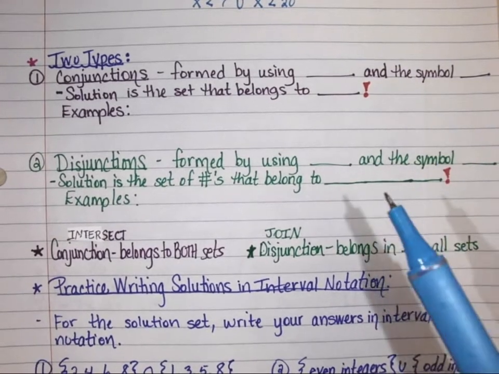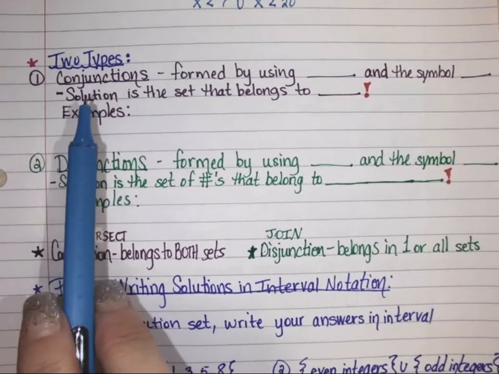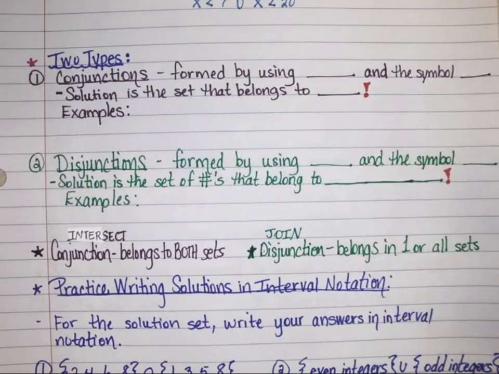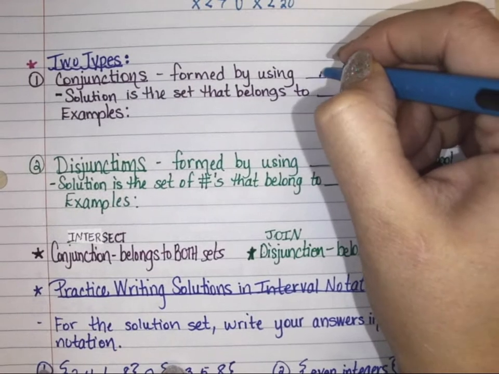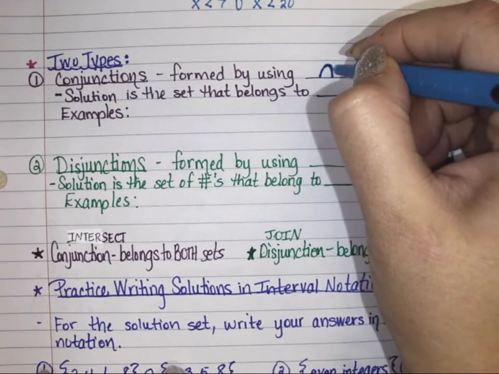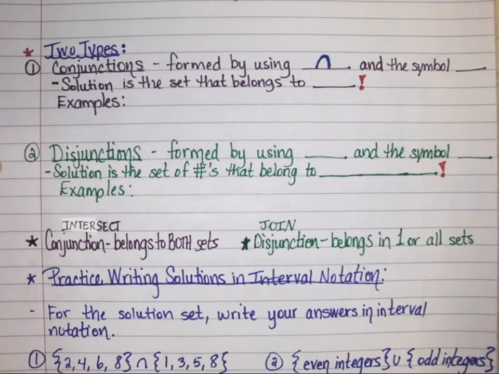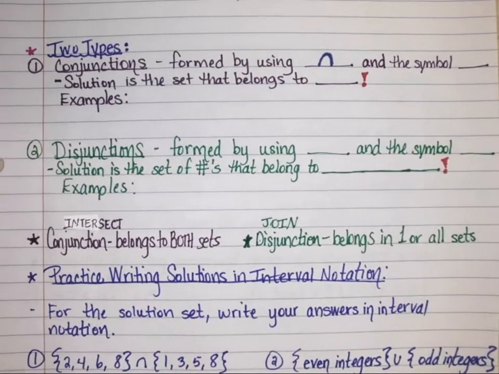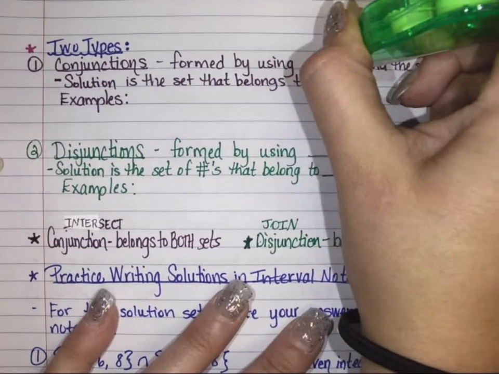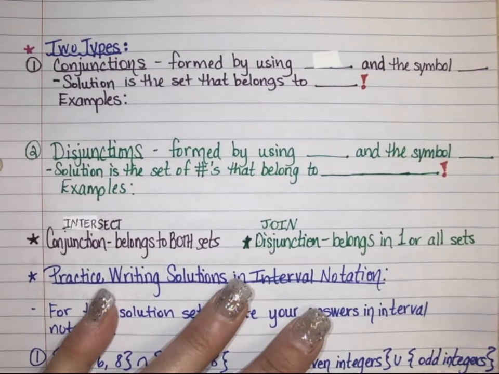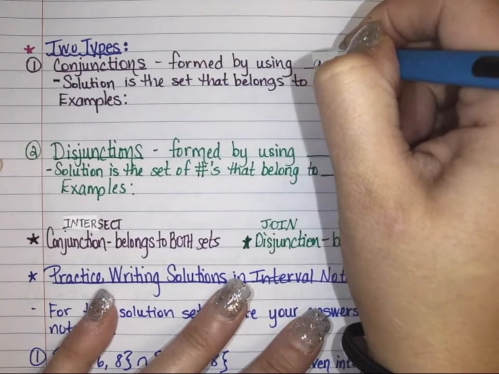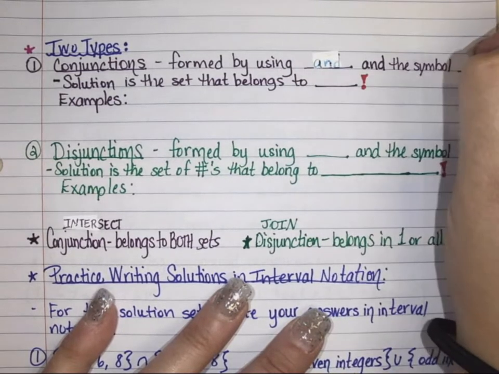The first type that we're going to discuss is called a conjunction. Conjunctions are formed by using this symbol. I'm sure if you've already looked, you've seen this symbol, an upside down looking U. So it uses the word and.